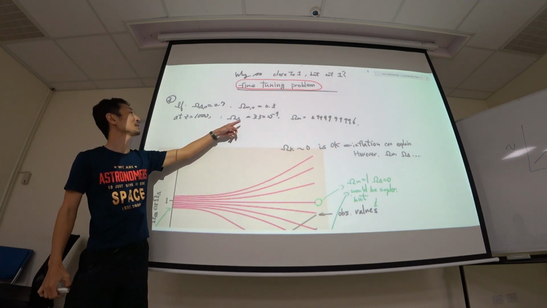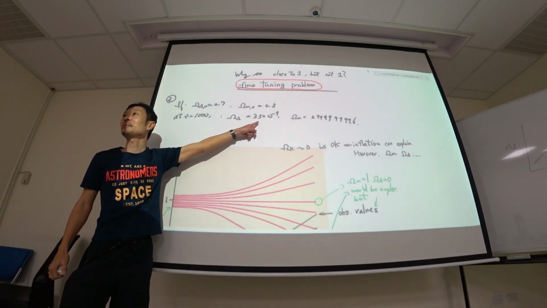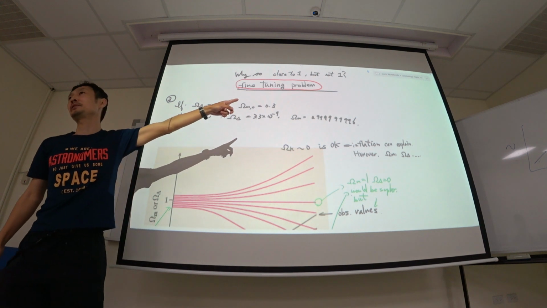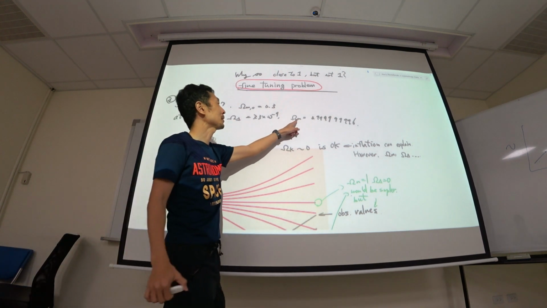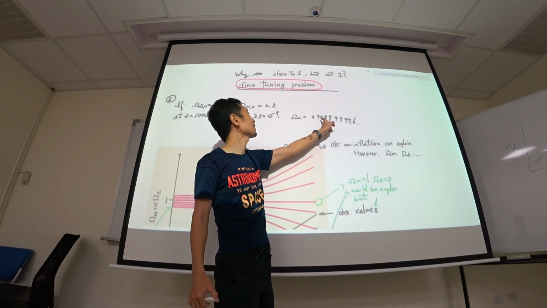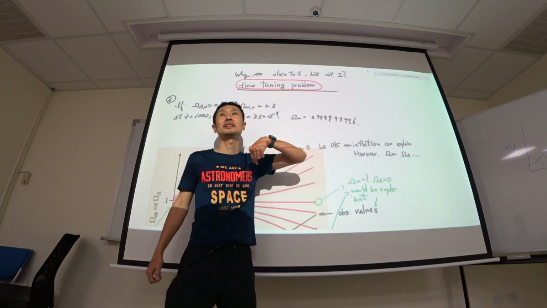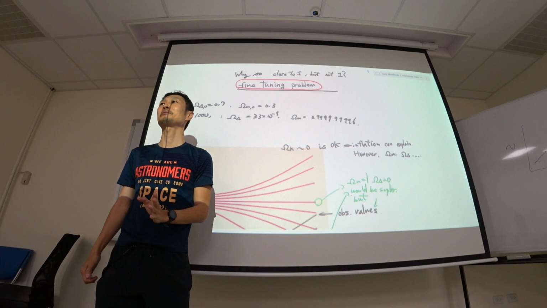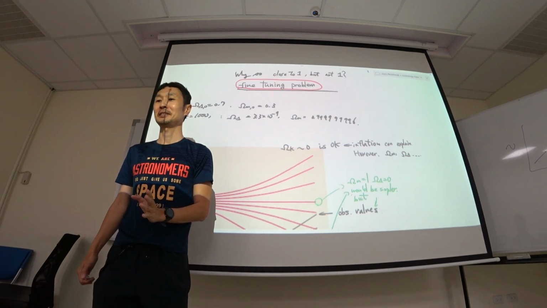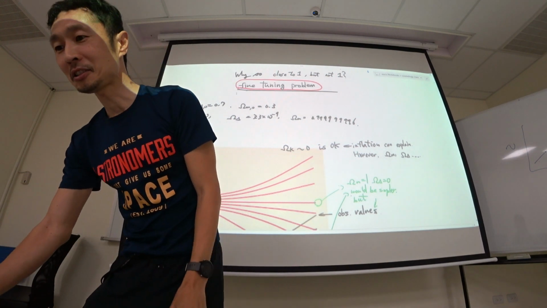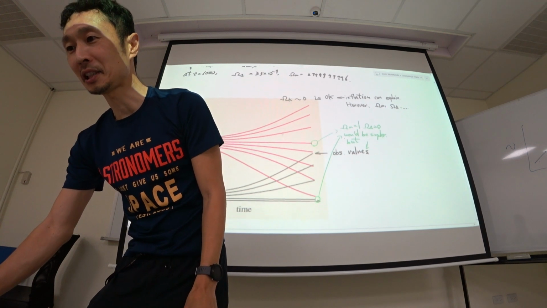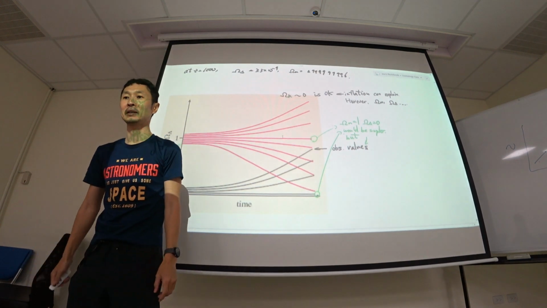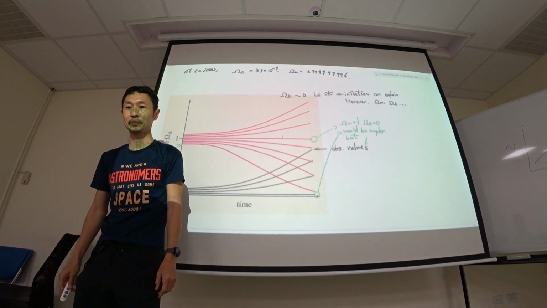Omega lambda is a very small number, 10 to the minus 9, but it's not 0. And omega matter is very close to 1, 0.99996, but not 1. Something weird, right? And actually, if you do the calculation, it's going to be like this.